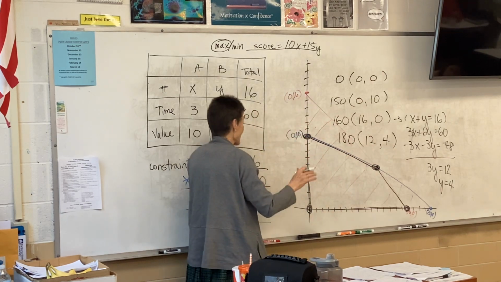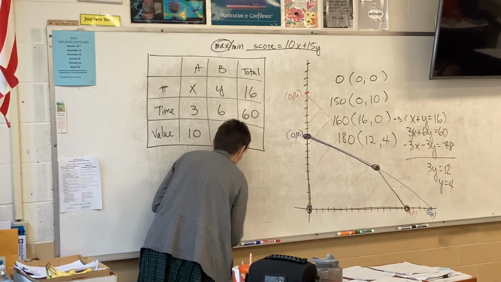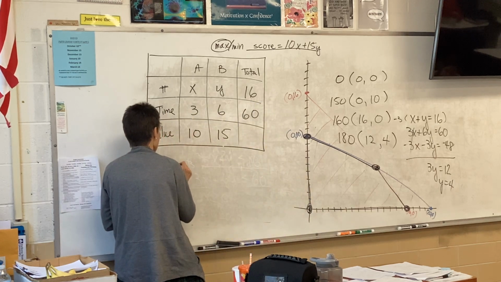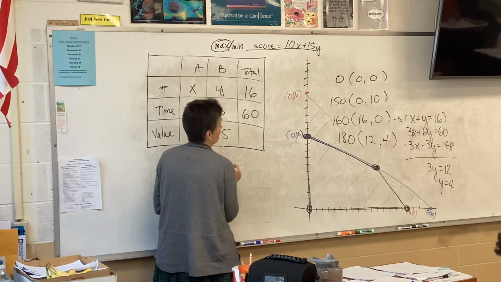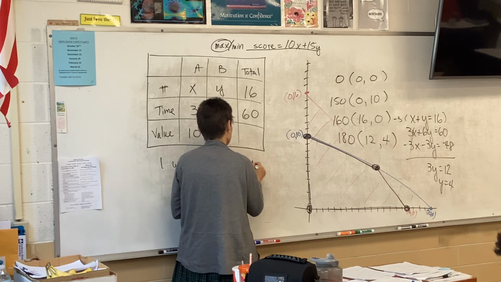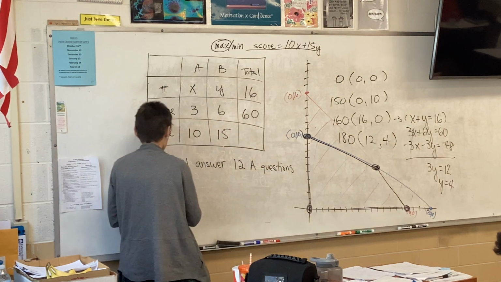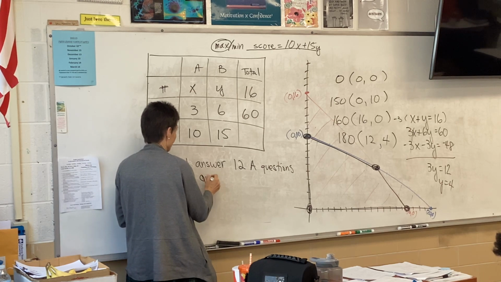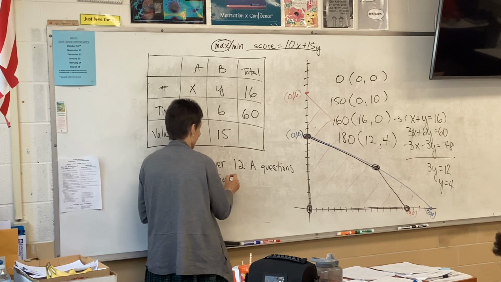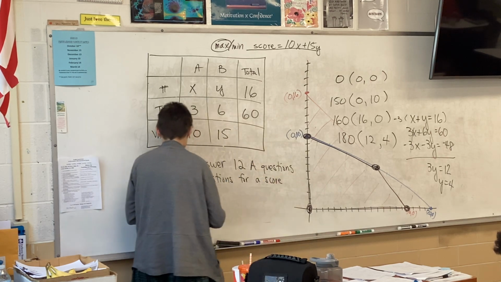And that is the last step of the problem. You physically write out, I will answer 12 A questions and 4 B questions for a score of 180.